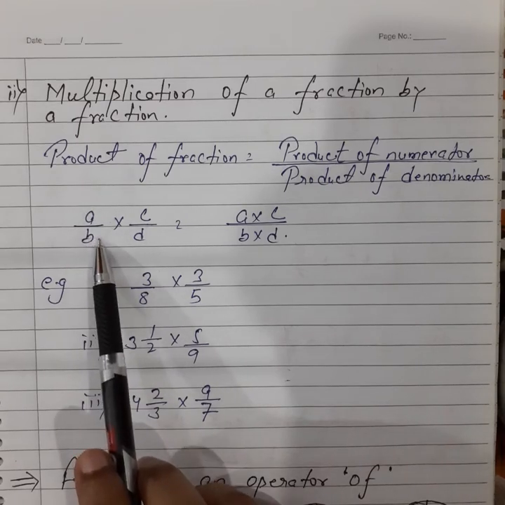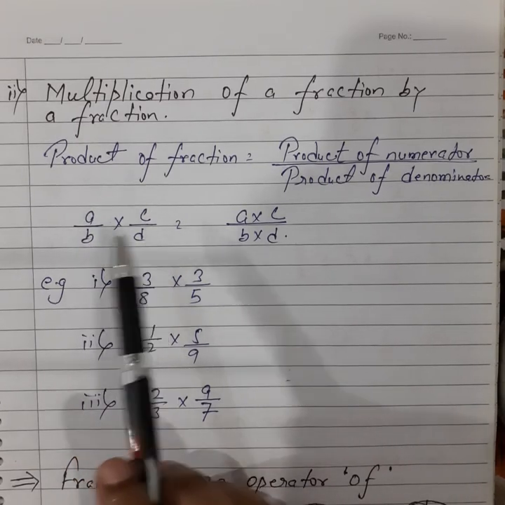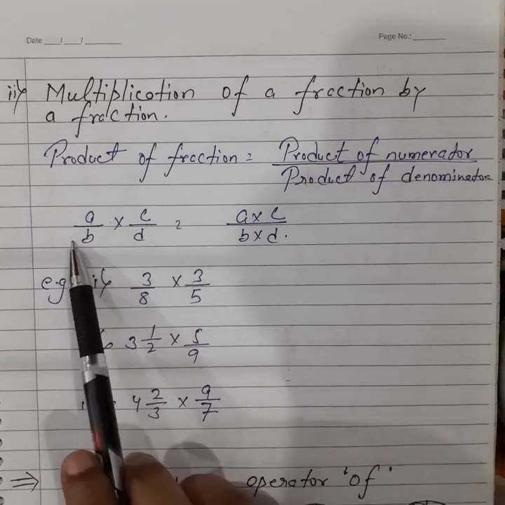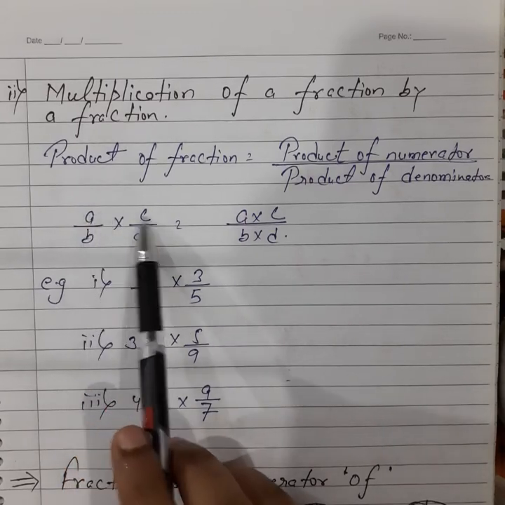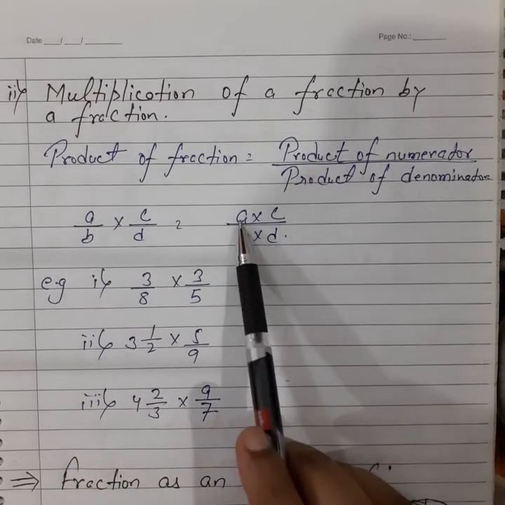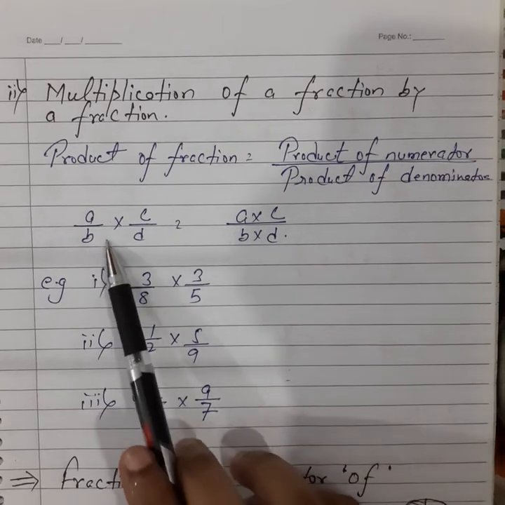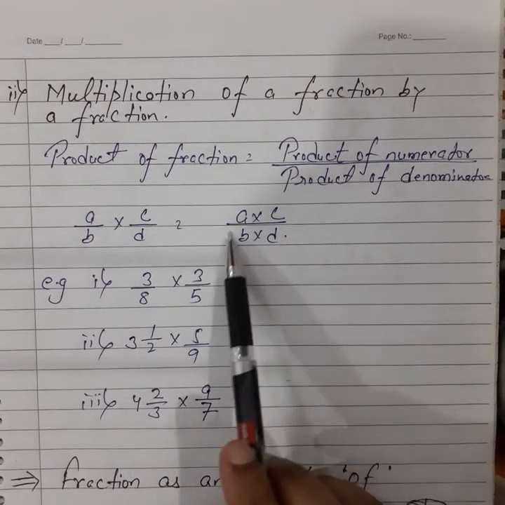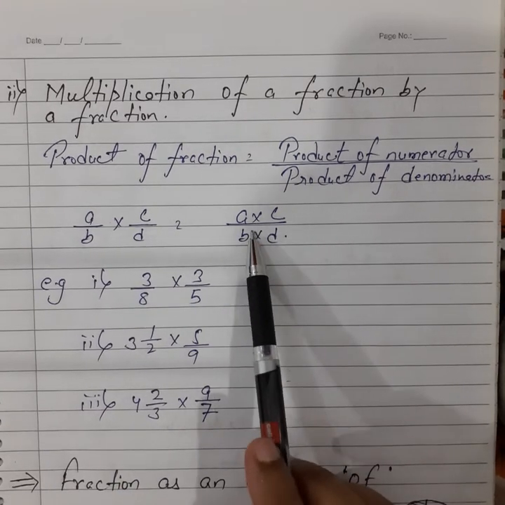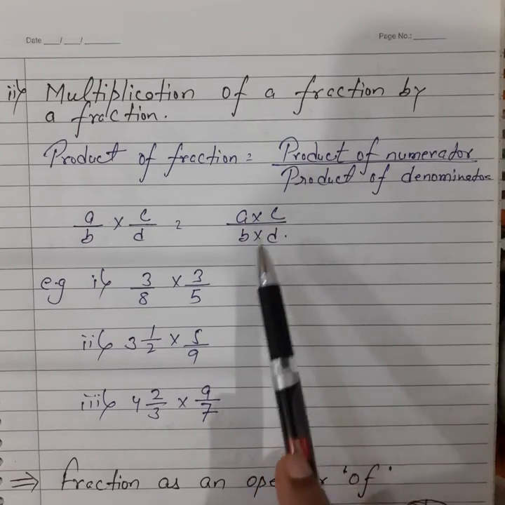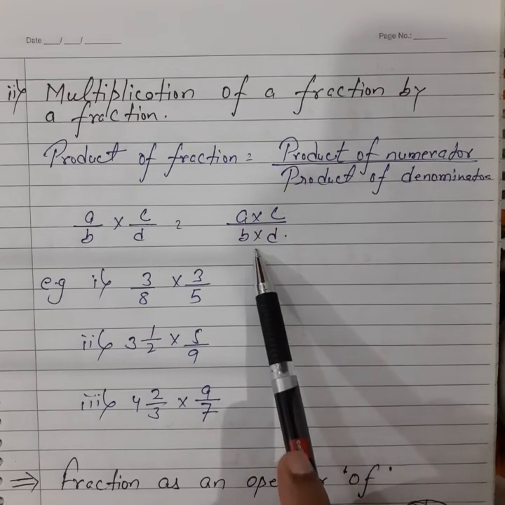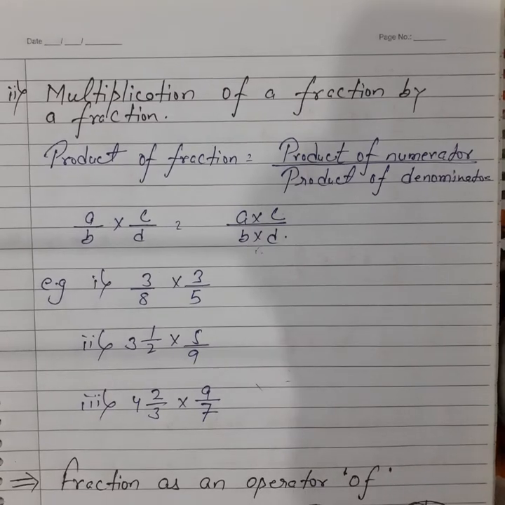First is a by b and the second one is c by d. We have to multiply these two fractions. So what we do? We just multiply the numerators, that is a into c, by b into d, that is the product of denominators. This is the product of numerators and this is the product of denominators.